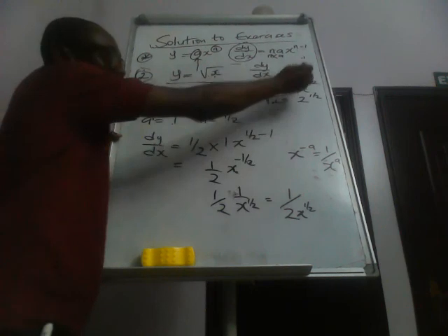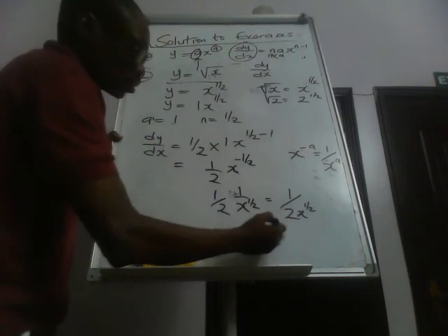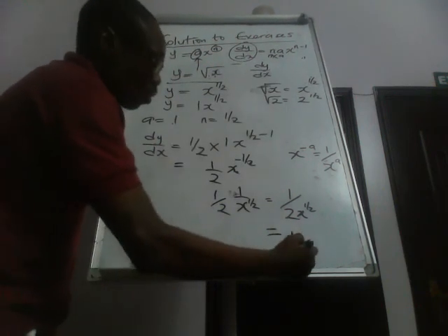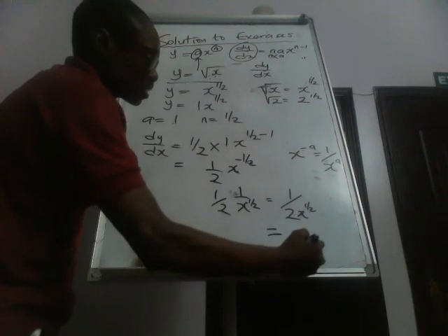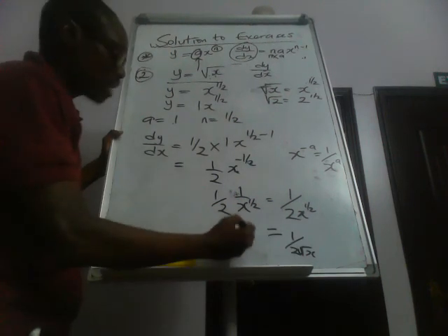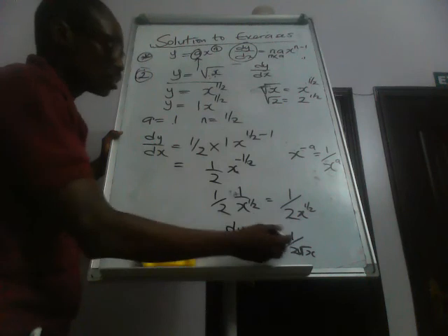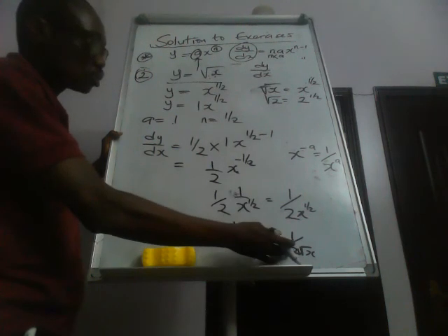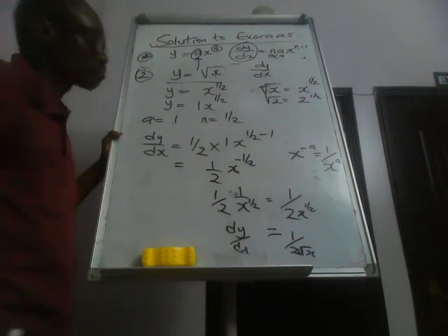So we can replace x raised to power half with root x. So this is equal to 1 over 2 root x. So our dy/dx is actually equal to 1 over 2 root x.